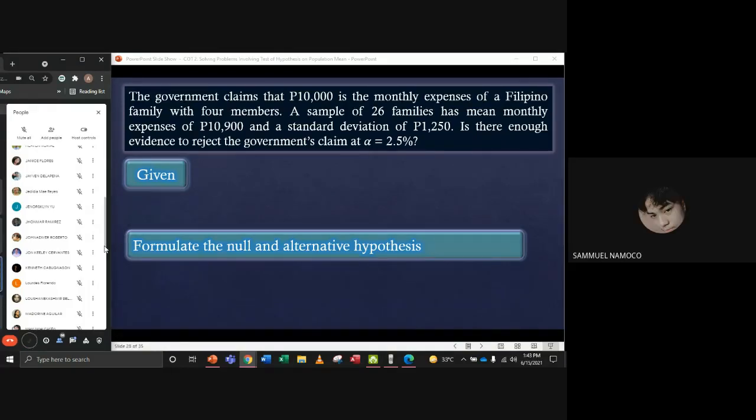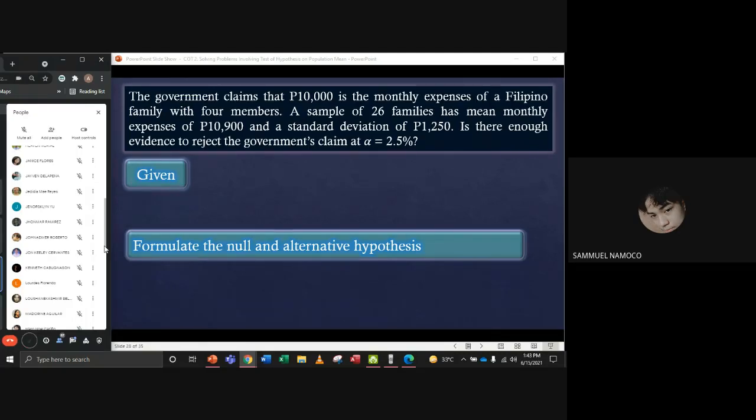Our population mean is 10,900. Then the sample size is, again? 26. Then the sample mean is 10,000. Okay. Again, our population mean is 10,000. Our sample mean is 10,900.